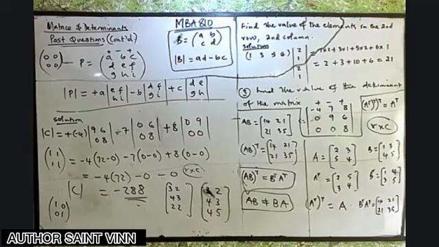Number 10. What's the answer for number 10? A or B, C, D? C or E, because one is not the same. So anyone, C or E, because the two of them are saying the same thing.